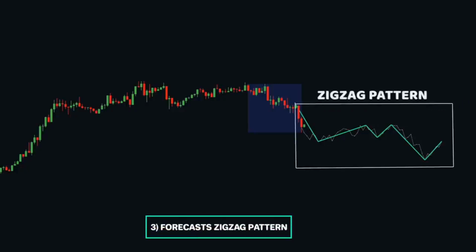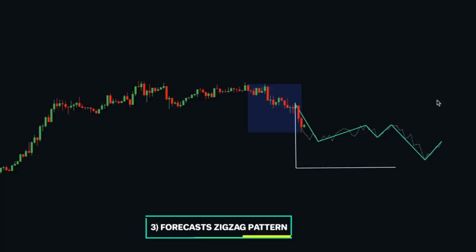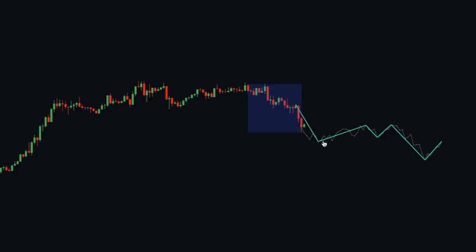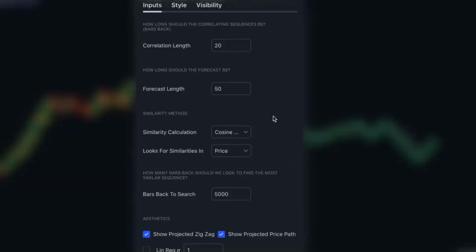Third, apart from the price path forecasting, this indicator also forecasts the zigzag pattern up to 250 bars ahead. The zigzag pattern is used to identify price trends by filtering out minor price changes.